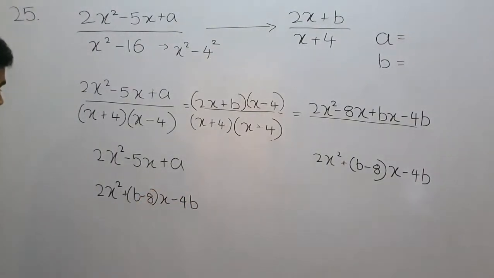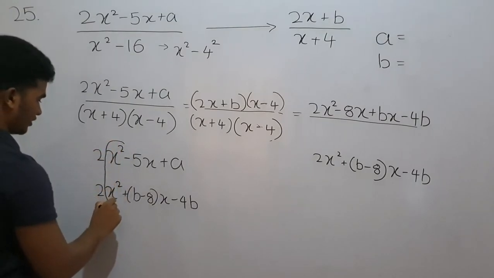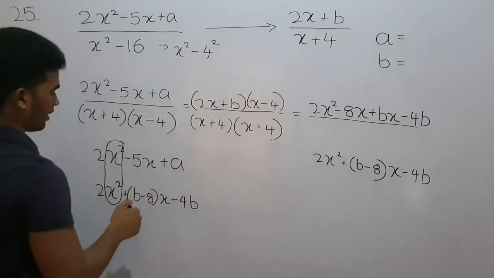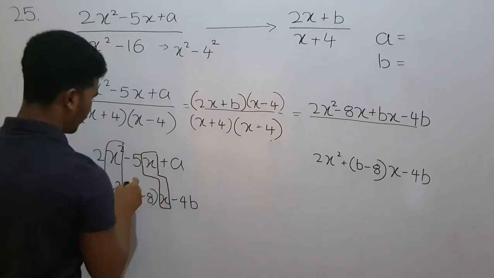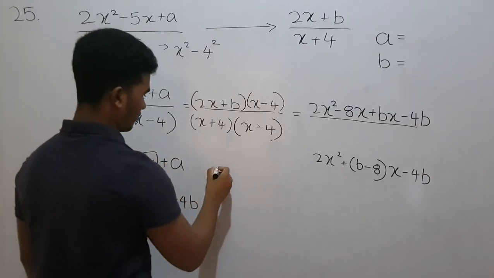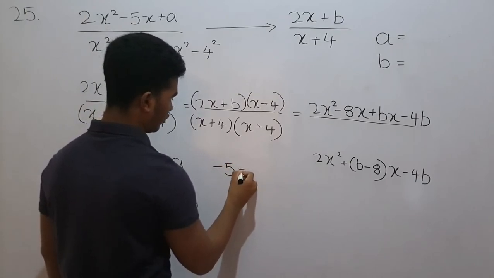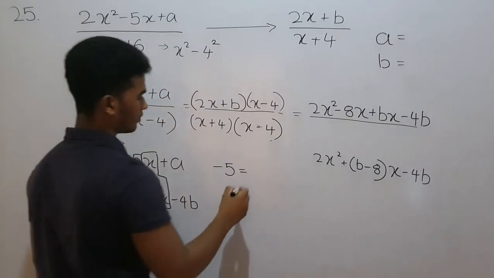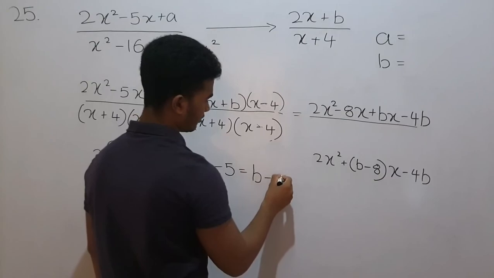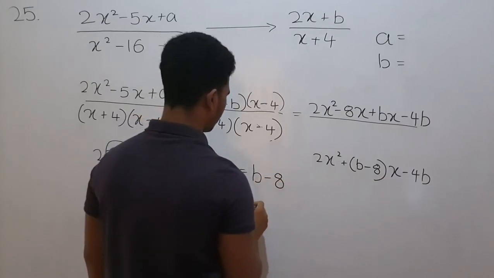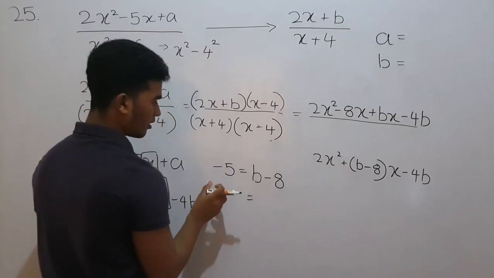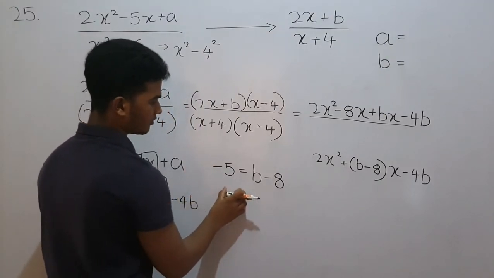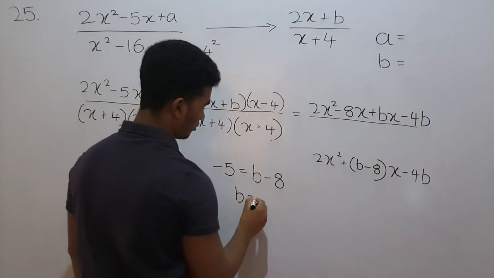So we can equate x square coefficients. They are equal. And we can equate x coefficients, that is minus 5 is equal to b minus 8. Take minus b to this side, you will be getting plus 8 minus 5. So b is equal to plus 3.